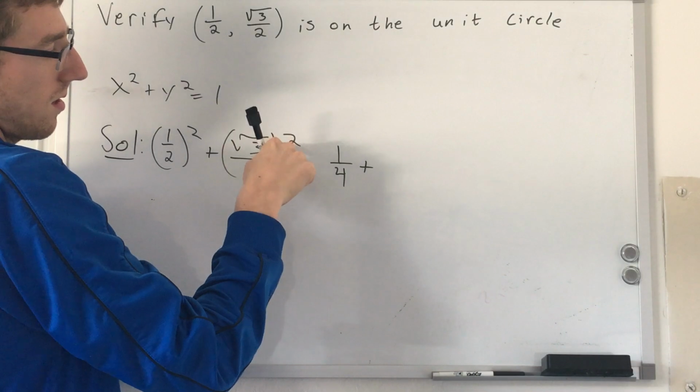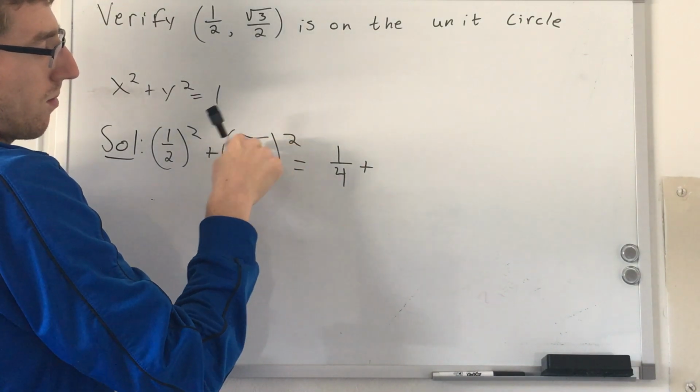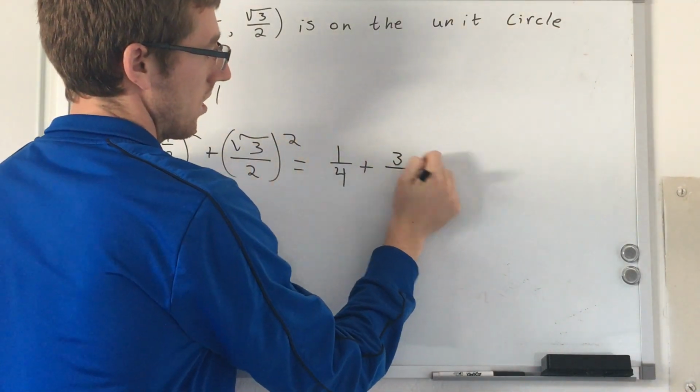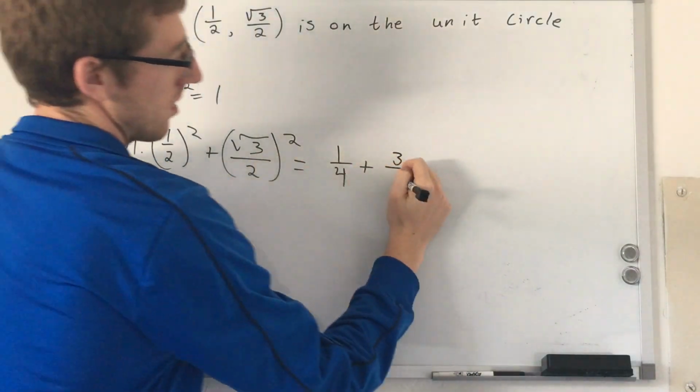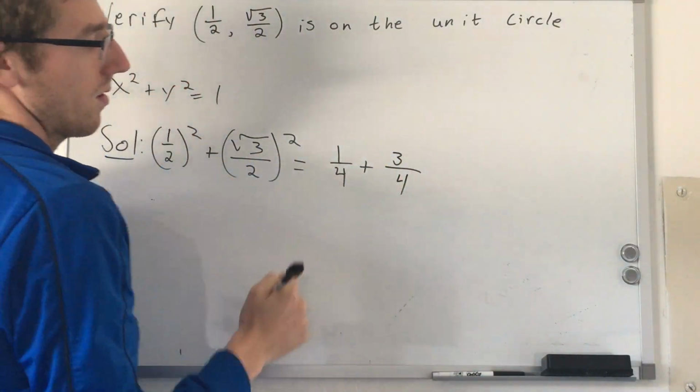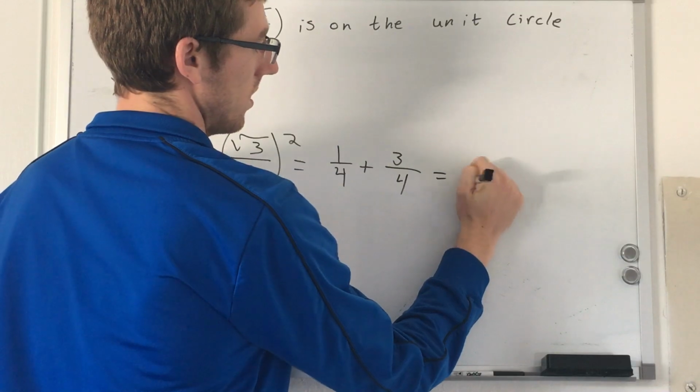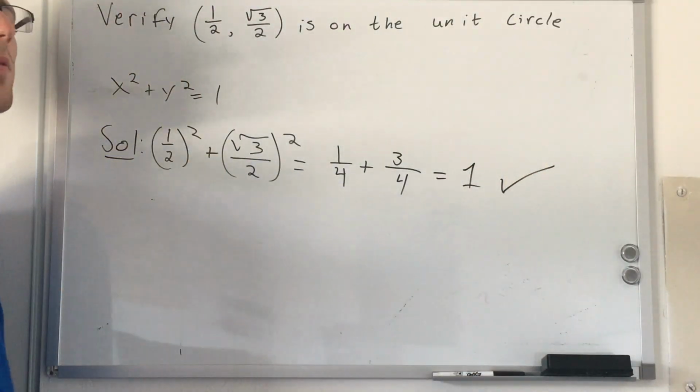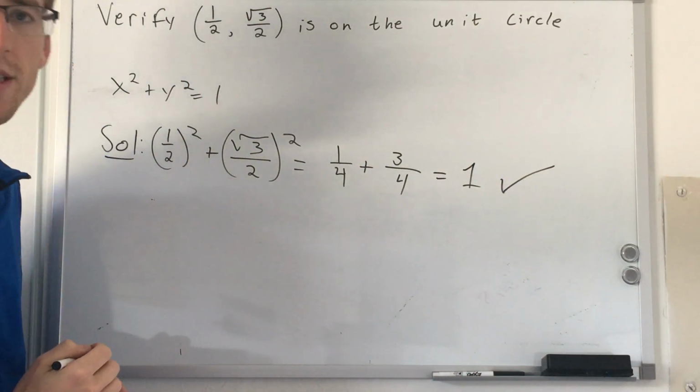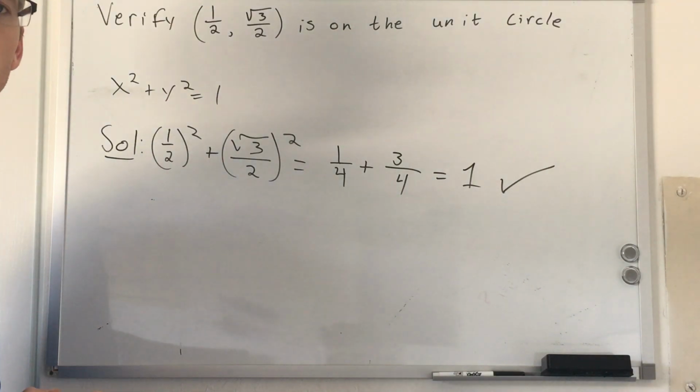You distribute it: root 3 squared is just 3, and 2 squared is just 4. So you get 1/4 plus 3/4, which is equal to 1. So we're good. That's how you verify something's on the unit circle.